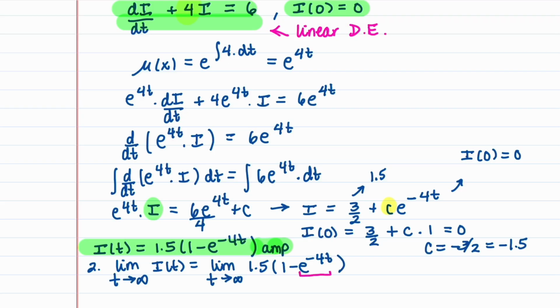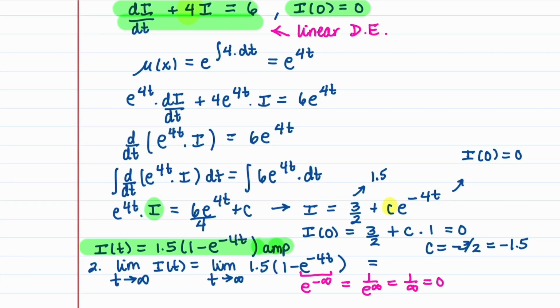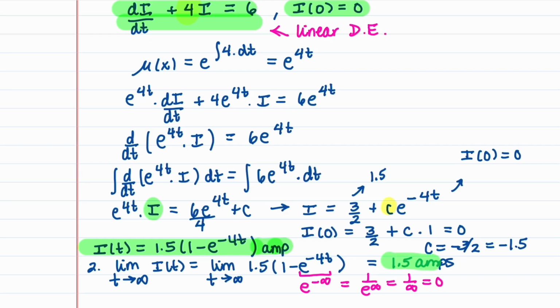This term here is e to the minus infinity, which is 1 over e to the infinity, which is 1 over infinity, which is 0. So this tells us that our answer is equal to 1.5 amps. And that's our steady state current.